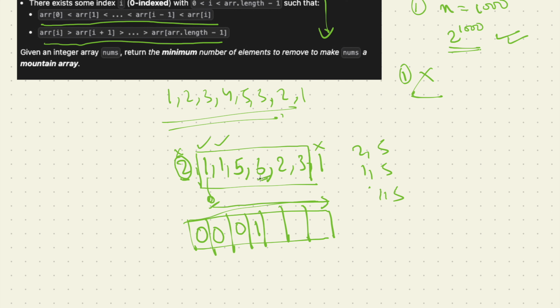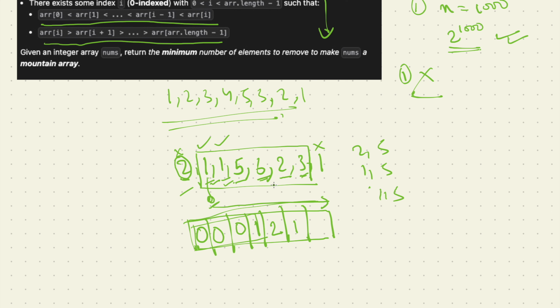Now if we come to 6, with 6 we can form a mountain with 2, with 1, with again 1, and again with 5. But we need to figure out what's the maximum among these. The maximum is 1. We'll take 1 and add 1 to it, and this is the result. Similarly for 2, what are the possible candidates? These two. So again it's basically 1.